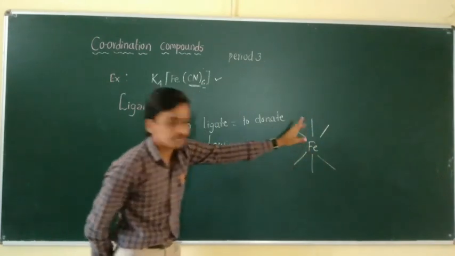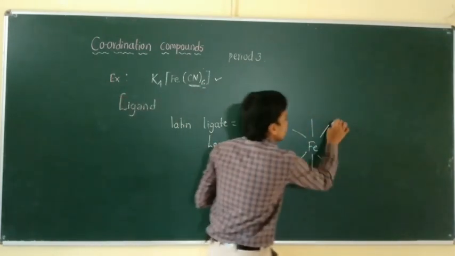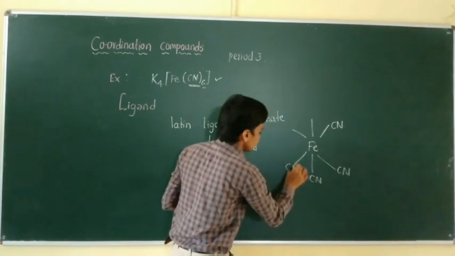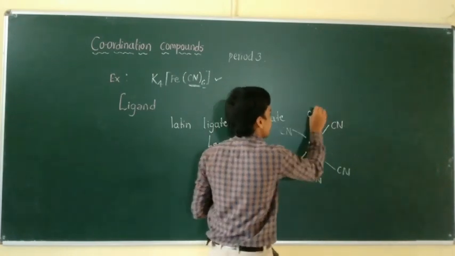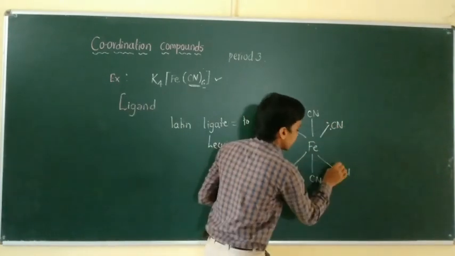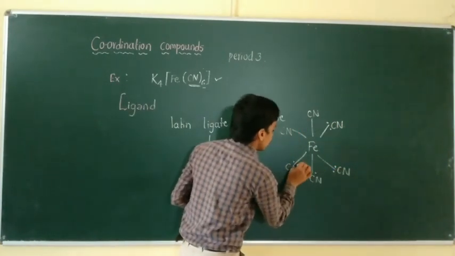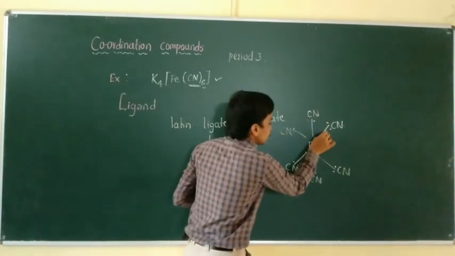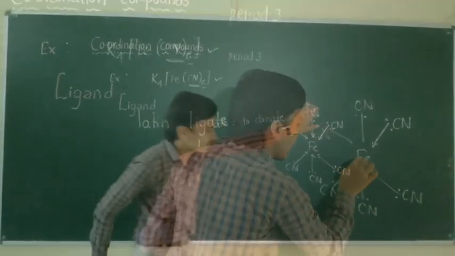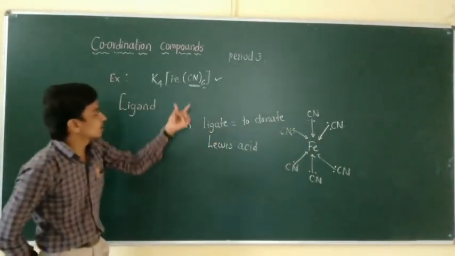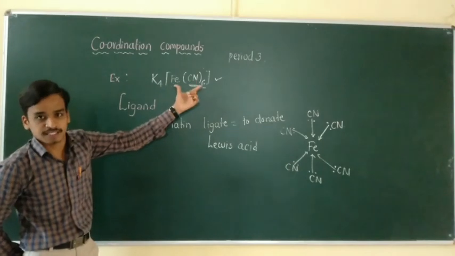On these edges are the cyanide ions. All the cyanide ions have lone pairs of electrons, and these lone pairs are donated to form this ring-like structure, which is also one of the reasons for the high stability of this complex salt.